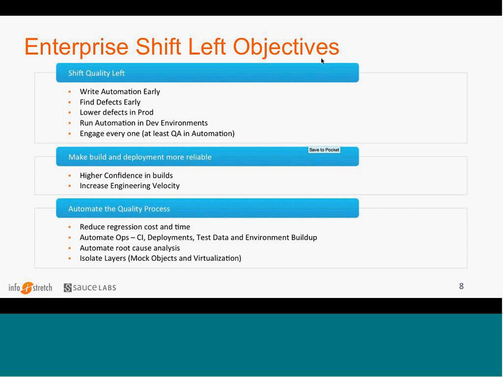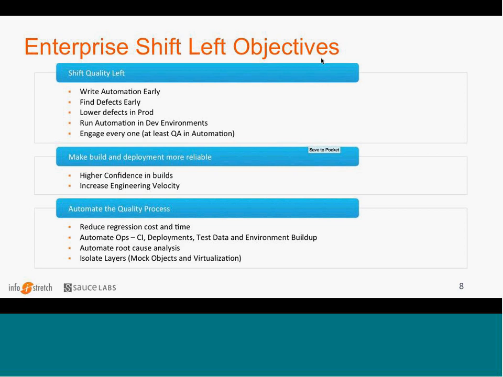We want to write automation early in the game, engaging the QA engineers early, so that we can find defects early enough and get them to the engineering teams early rather than late in the game. We also want lower defects in the production environment by ensuring that we run tests against a clone of production.